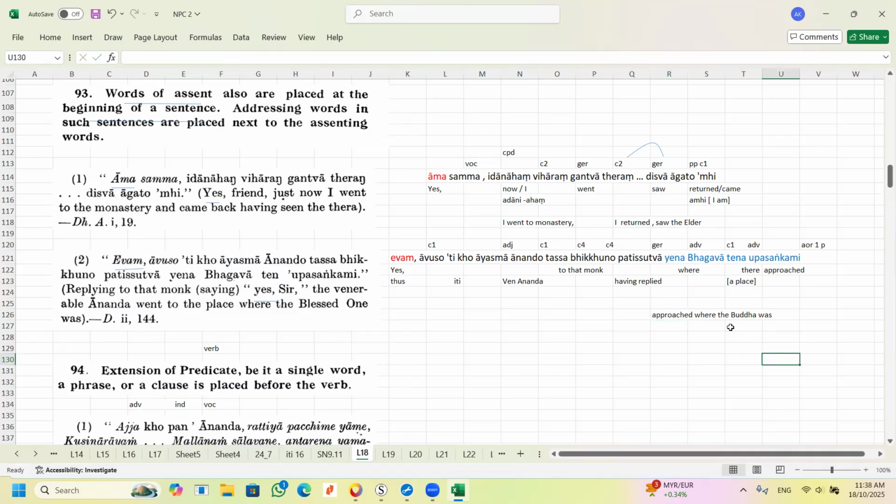These lines must be like that. You can say where the Bhagava, there we approach. No need. We approach where the Buddha was. This should be like that. Translate constantly like that. This is the idea.